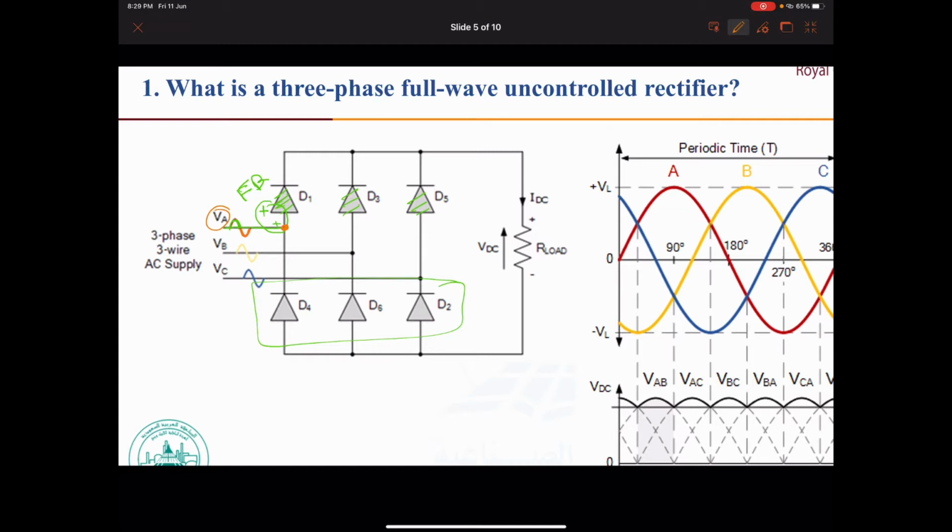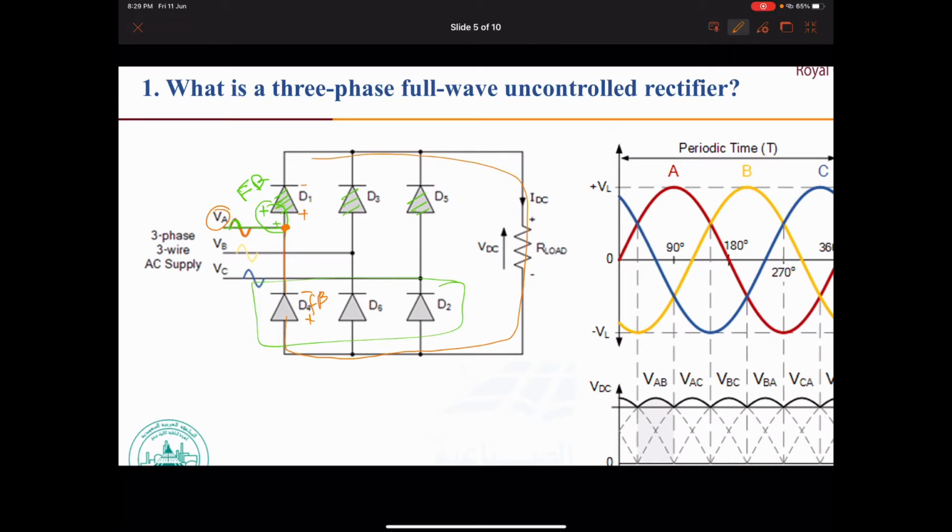So either D1 or D4. Through the negative cycle, here we have positive from the diode, and here as the charge we have negative. So the current will go from here because this one will be forward bias and it will allow the current to move through the load and come back to the supply.